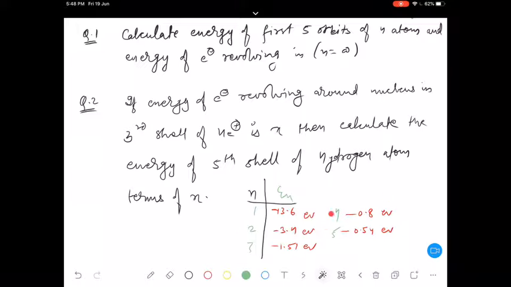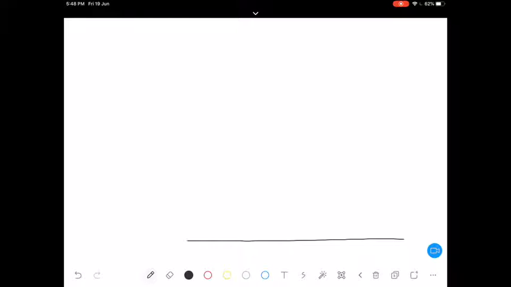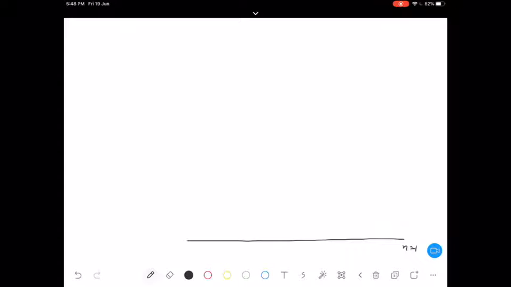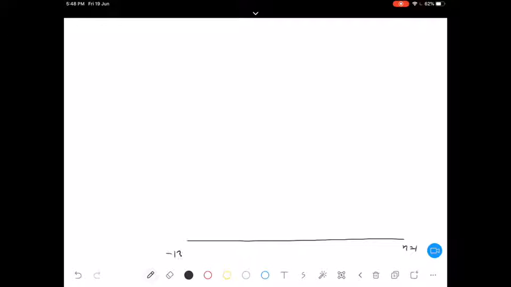Now I'll try to put these energies on an energy level diagram so that I can discuss two important phenomena here. Let's say I write n equals 1, energy will be minus 13.6 electron volt, or K shell I'll write.